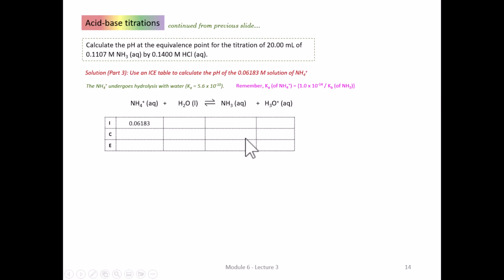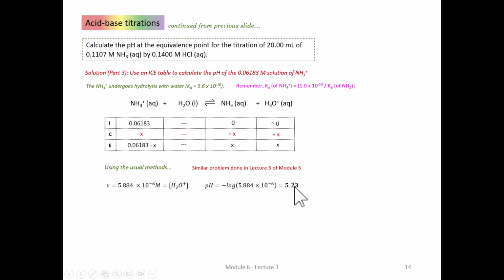So setting this up as an ice table and going through the usual procedures, we find that x, which will be equal to the hydronium ion concentration, will be equal to 5.884 times 10 to the minus 6 molar, which means the pH would be 5.23.